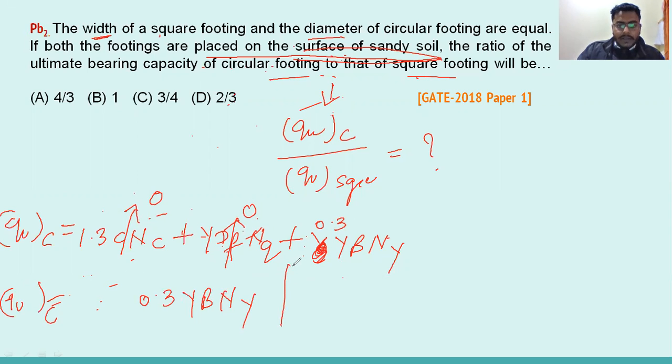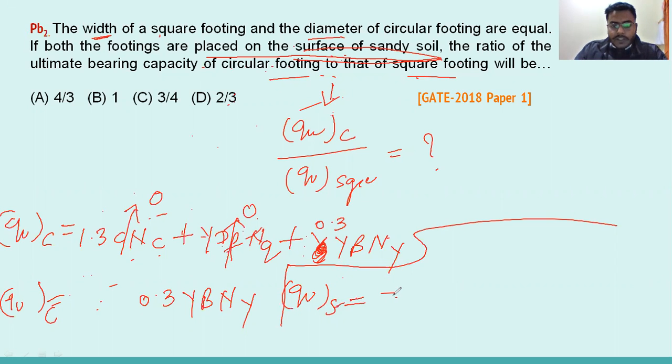Now we can calculate for square. Directly, the expression with the cohesion will be 0, and the expression with the overburden pressure will also be 0 because Df is equal to 0. So it will be 0.4 gamma B N gamma.